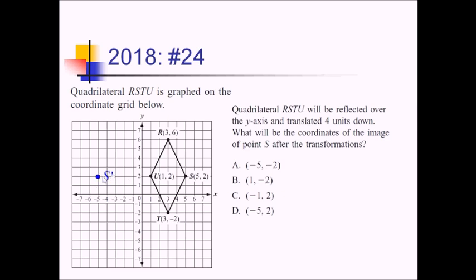This is the first transformation on S. Now that's not enough though. They wanted us to translate that 4 units down, so I'm going to walk 4 units down from S prime down to here to give me S double prime. So that's the point I'm actually looking for. That's one of my answer choices. What point is that? Well, this is negative 5 comma negative 2. So that would give us answer choice A.